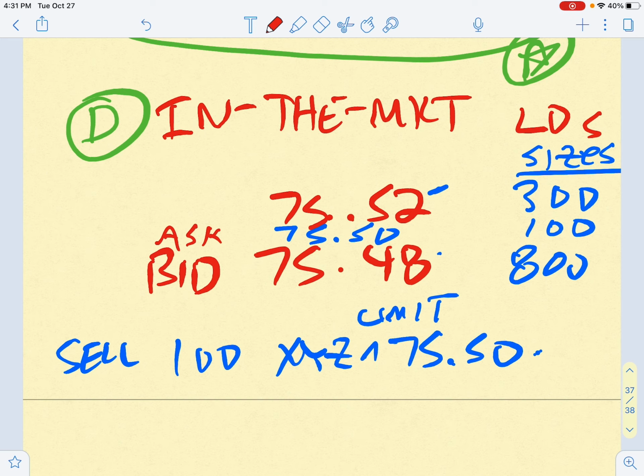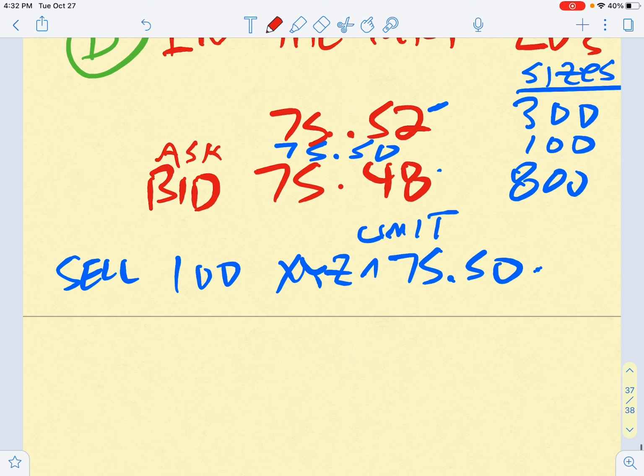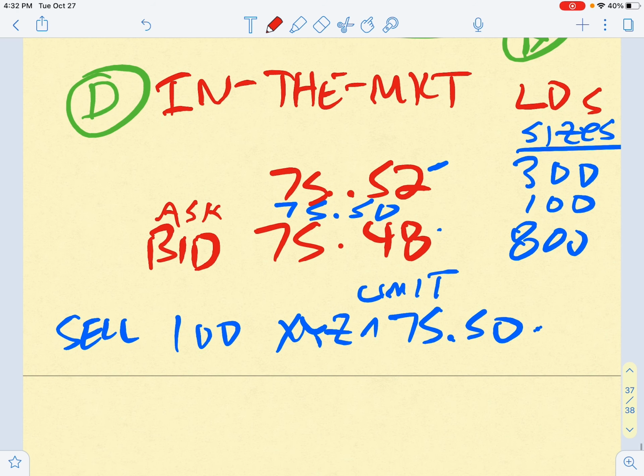The quotes have changed. Notice the singular and plural of the quotes; kind of awkward. The important thing to note is that in-the-market limit orders make new markets.